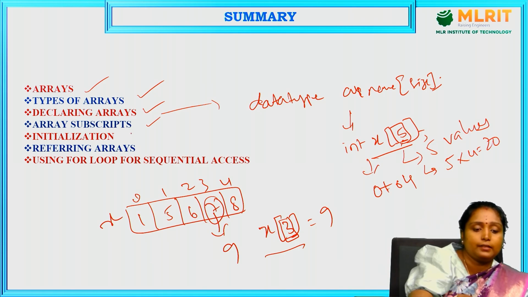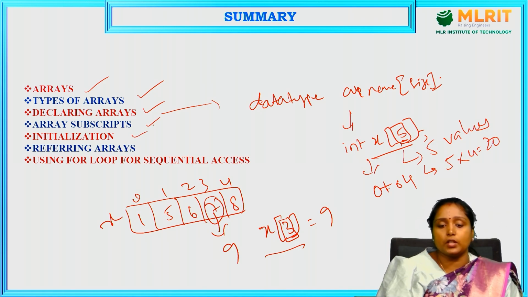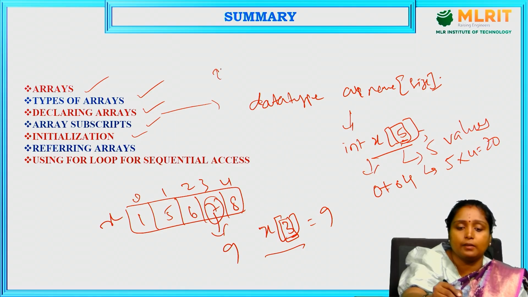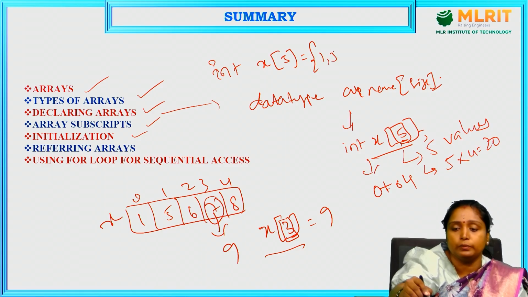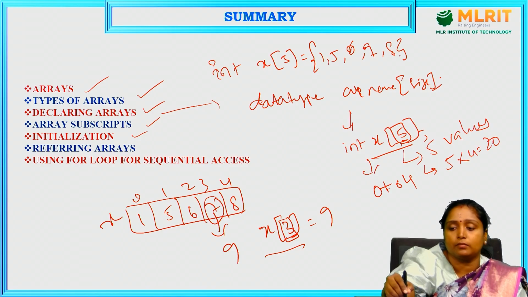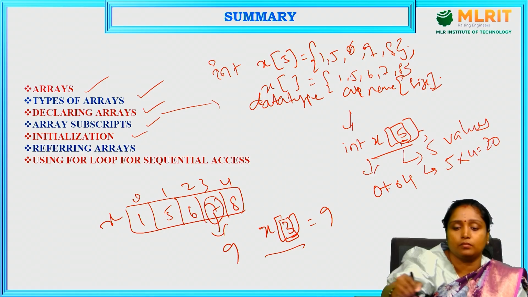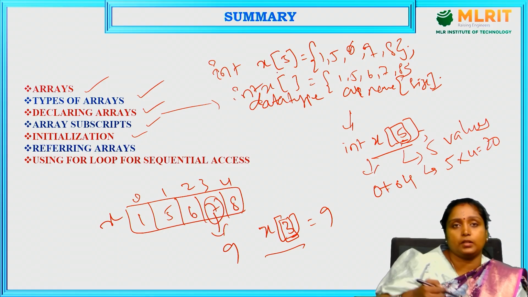Next is initialization. How are you going to initialize values? At the time of declaration only we have to initialize the values, like this, or you can use it like this also. Either one is okay.